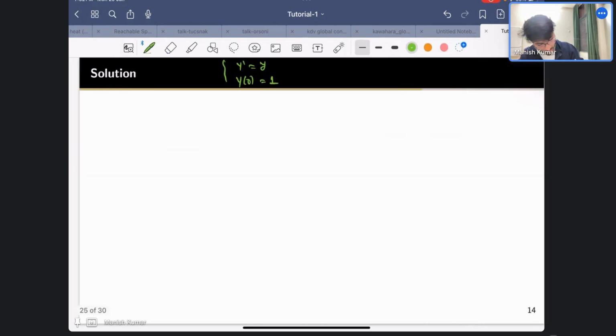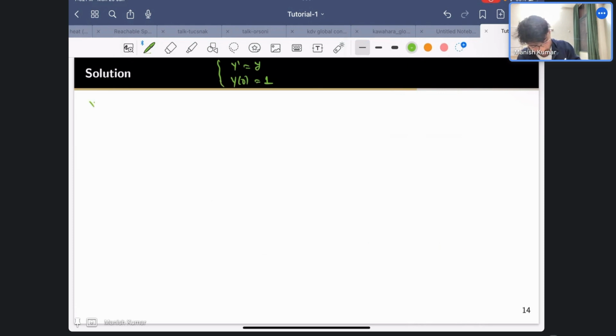Okay, so we know that y0 is just this constant function 1. This is the first approximation that we do. And now you calculate y1 of t. So y1 of t will be given by y0 plus the integral from 0 to t of f(s, y0(s)) ds, right?